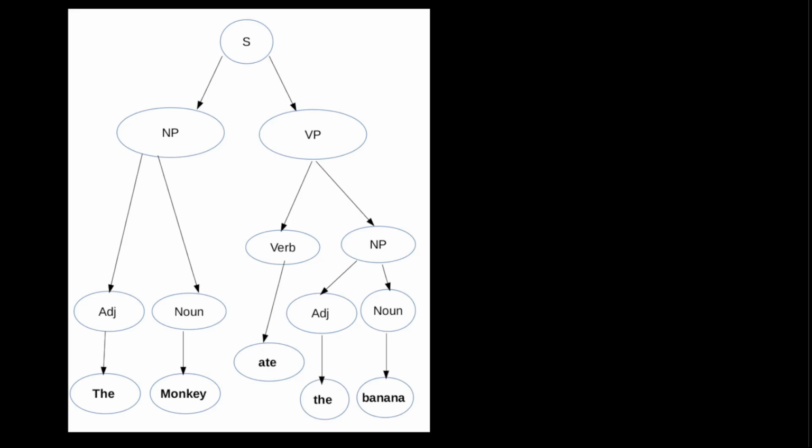As you can see, there is a subject, and it is derived into noun phrase and verb phrase, and again the noun phrase is derived into adjective and noun, and the verb phrase is derived into verb and noun phrase.